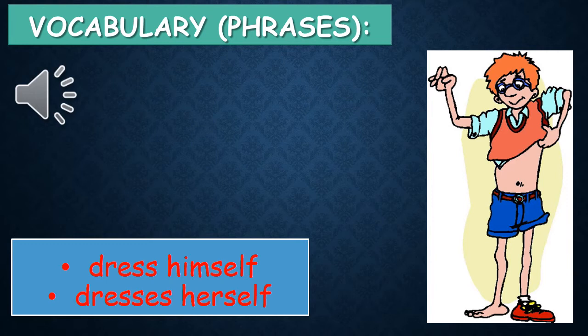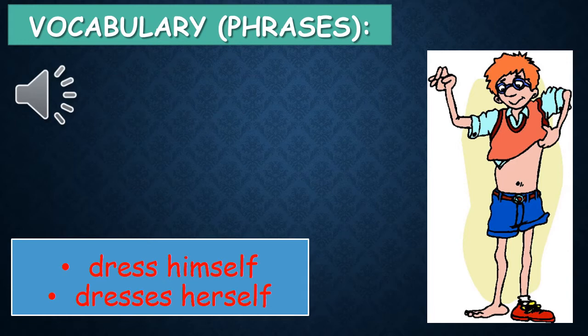Dresses himself and dresses herself. Remember, we add S or we add ES at the end of the word to show in present simple tense it's happening now. Alright, and of course, himself we use when we speak about a boy, and herself we use when we speak about a girl. One more time, let's practice. Dress himself. Dresses herself.